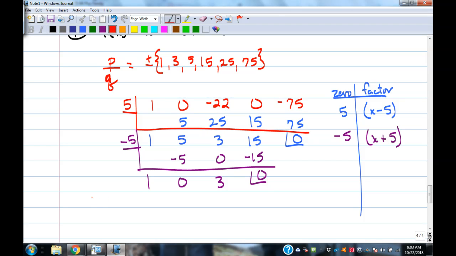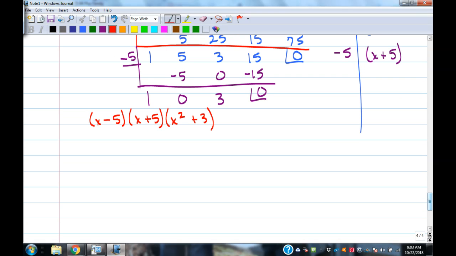So that gets us, so far, a factored form of that. X squared plus 3 is the quadratic that's left. How can we solve that? Set it equal to 0. And we've got 2 options on this one. We could do quadratic formula.